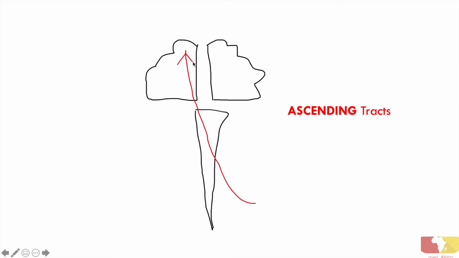And you can also have a descending tract, which is a tract that's starting from the brain, carrying information down into the spinal cord and going into the peripheries or the organs.